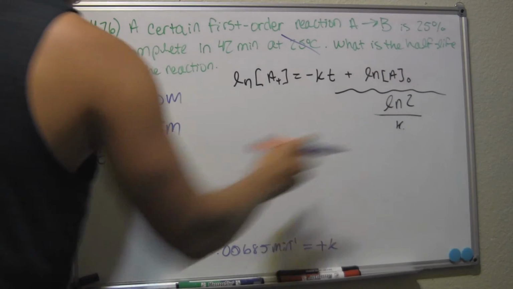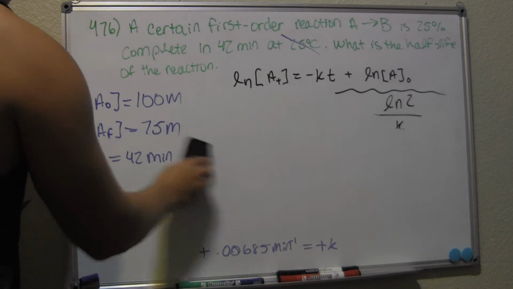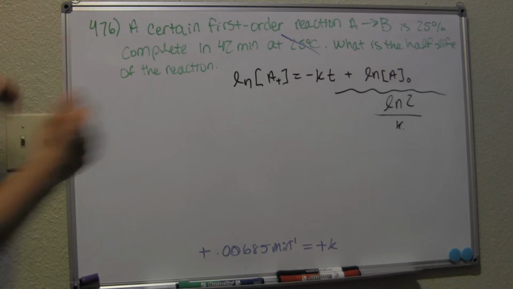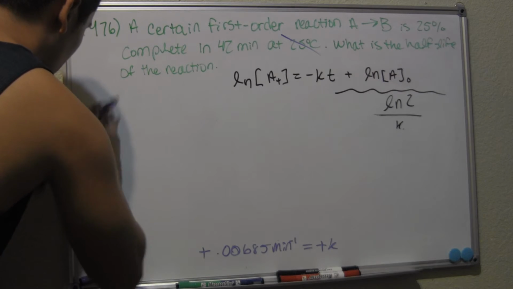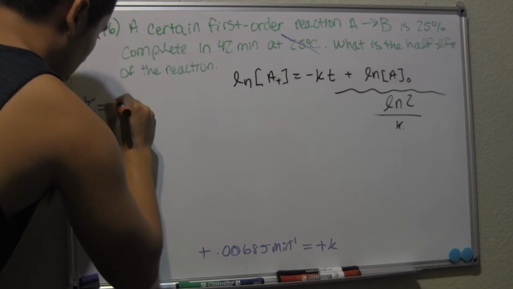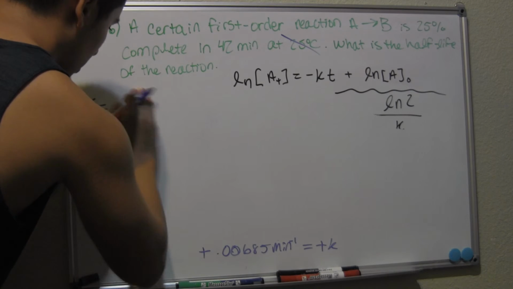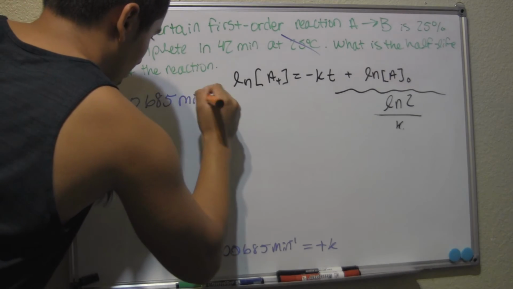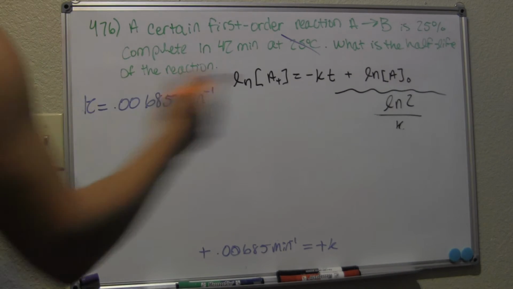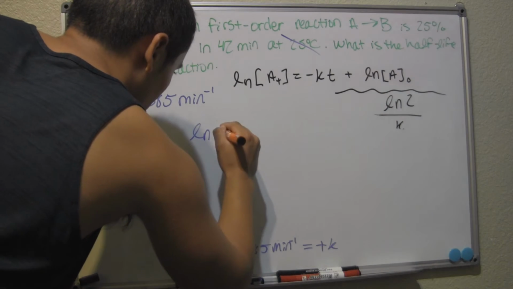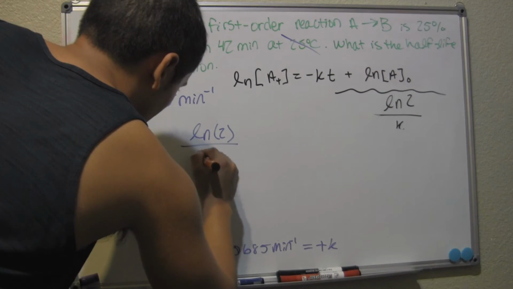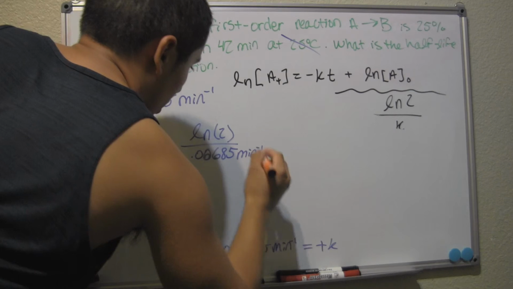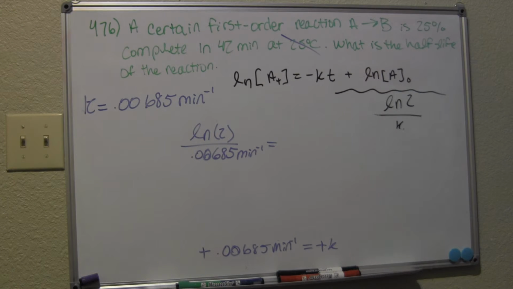Now we're going to use our half-life equation to determine what the half-life is. We found K, and let me write it up here so it's clear: K is equal to 0.00685 minutes to the negative 1. Now let's plug this into our half-life equation: ln of 2 over 0.00685 minutes to the negative 1.